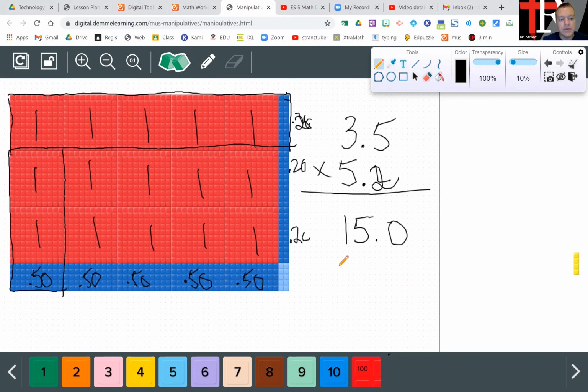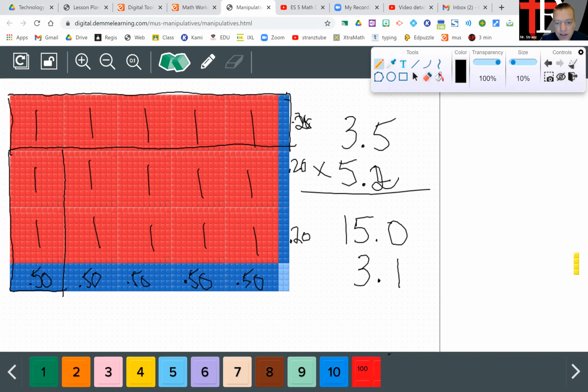Okay, so if we add up our dark blues, we get 5, 10, 15, 20, 25, 27, 29, 31 altogether. So 310 tenths, which is 3.1.